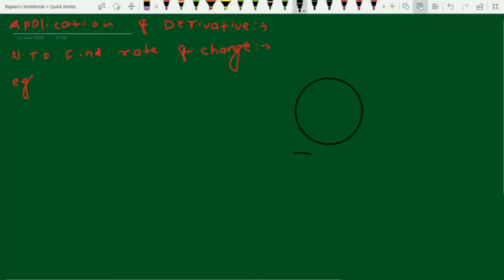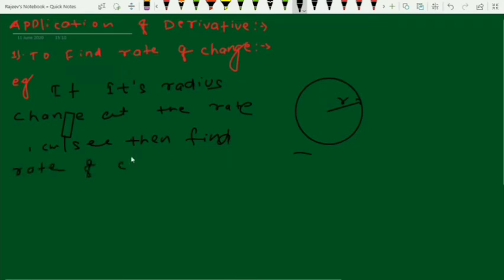Suppose that this is its radius, but its radius increases with time. So the question is, if its radius changes at the rate of 1 centimeter per second, then find the rate of change of area.